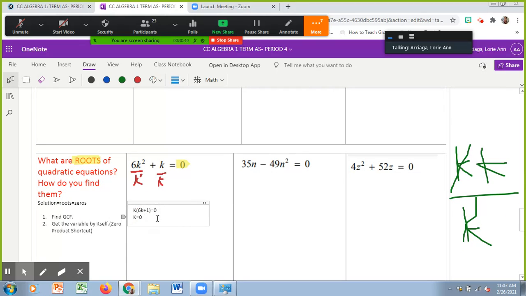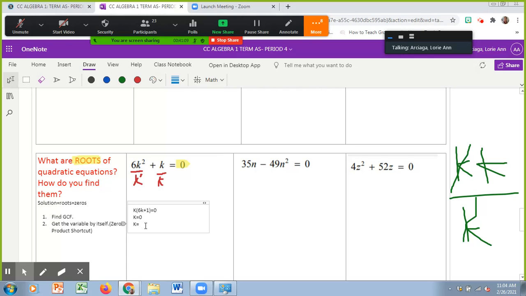Because 0 times anything will make the equation equal to 0. Right? Okay, what about the other one? What about here? Now use the shortcut that you were using earlier. Opposite divided by the coefficient. So what's the opposite first?